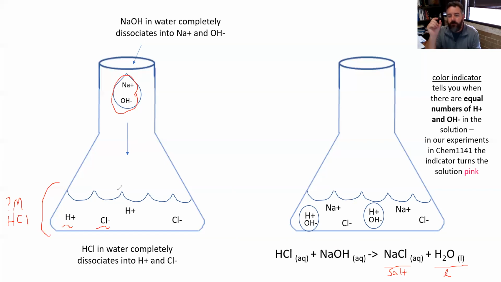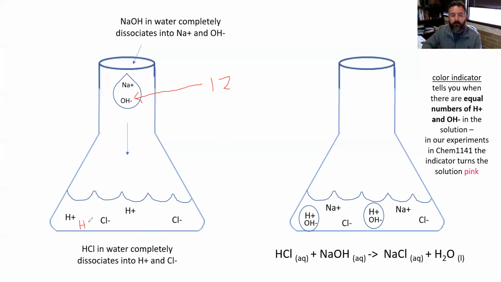And if we have a way to indicate that we have dropped an equal number of hydroxides into this solution as there are hydrogen cations, if we have a way to say, hey, you've dropped enough sodium hydroxide that there are equal amounts of sodium hydroxide and H+ ions, then by counting the number of hydroxides we put into the solution, let's say we put 12 of those in there, that means at that indicator point there has to be 12 of these.